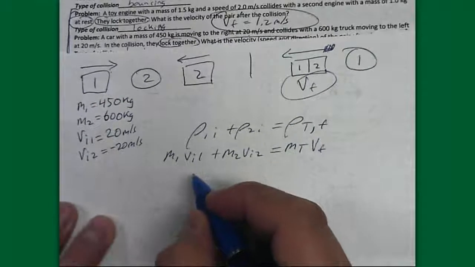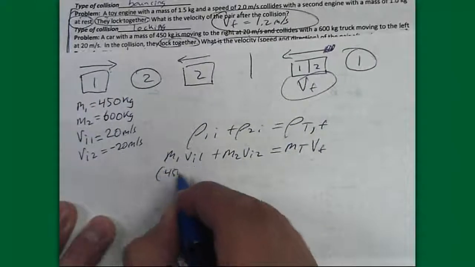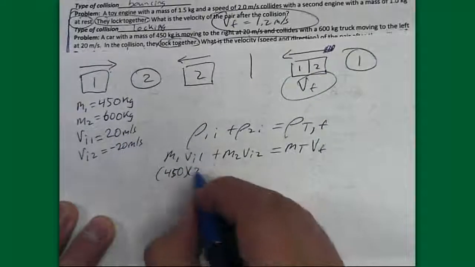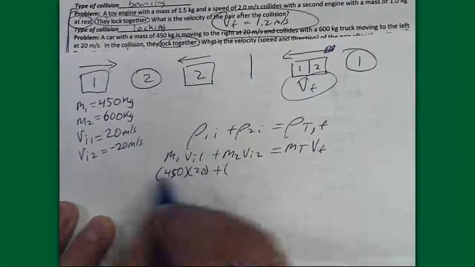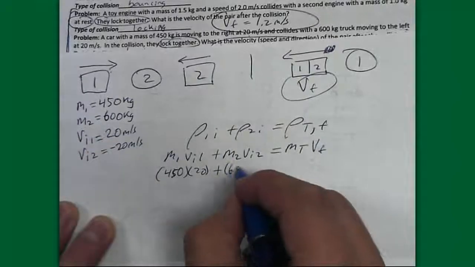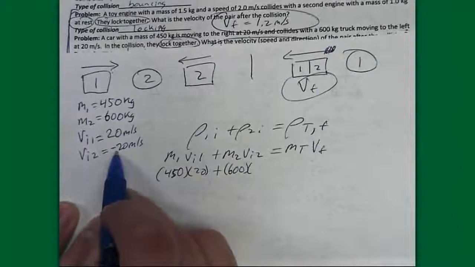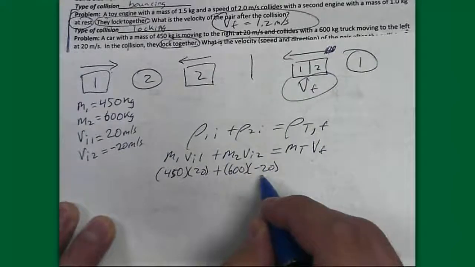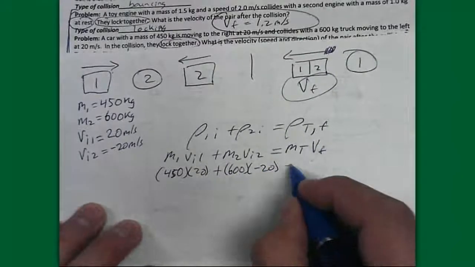Alright, now we can plug in what we know. We know mass 1 is 450. I know the initial velocity of 1 is positive 20. Mass 2 is 600, and the initial velocity of 2 is negative 20. It's very important that it goes into the equation as a negative. If it doesn't, we won't get the right answer.